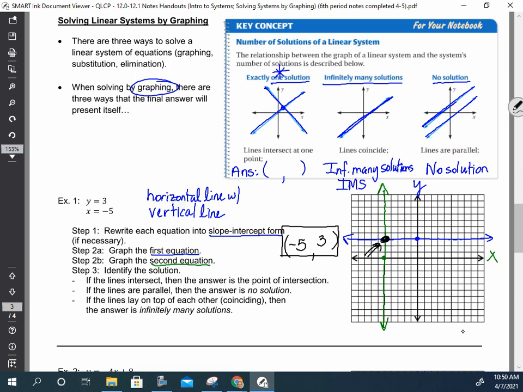There's your solution. So it's as simple as that. Draw each line, and if they meet, tell where they intersect. Any questions with example number 1?